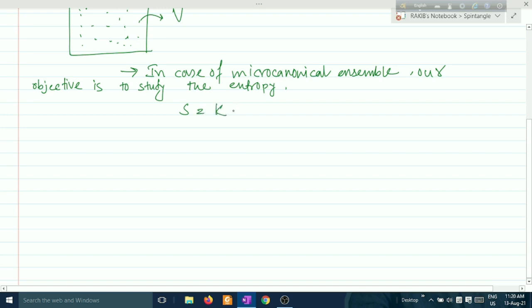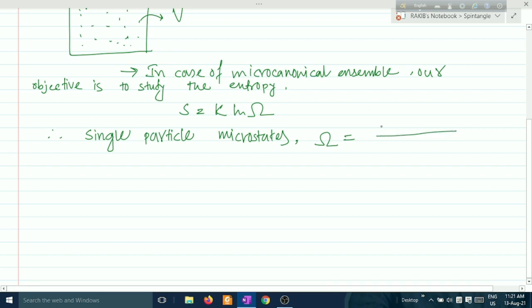S is equal to k ln of the microstates. Since this is a classical ideal gas, we can write the microstates for n particles. First, the single particle microstate will be given by this formula, with dfq and dfp upon h^f. For n particles, f is for one particle.